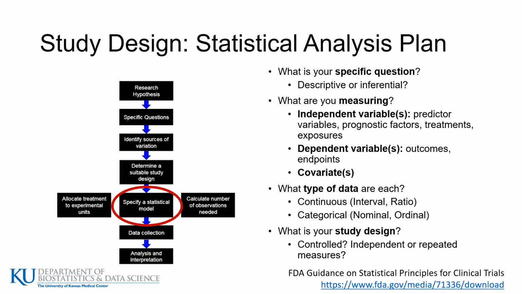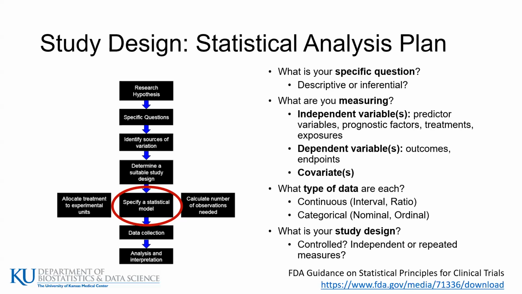We can also consider covariates, which are ways that we can adjust for any confounding in our statistical analysis. So as an example, adjusting for age or adjusting for baseline characteristics is an example of covariates. And then we want to understand what are the limitations of our study design.